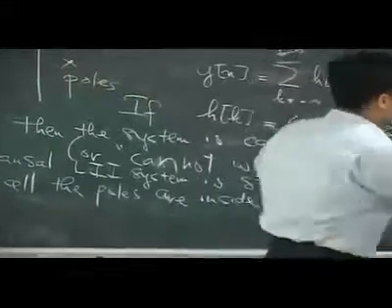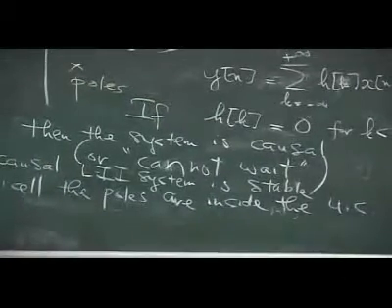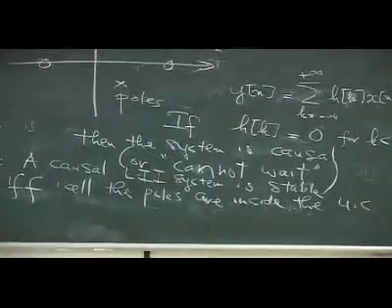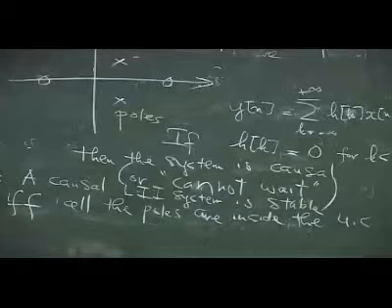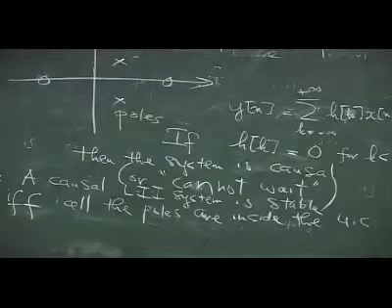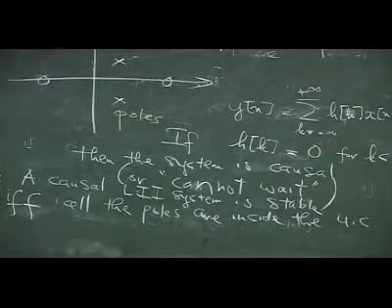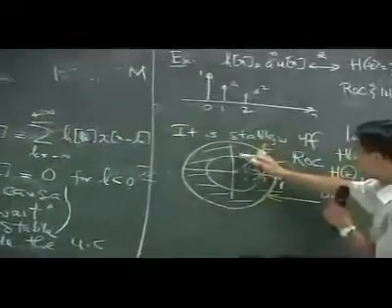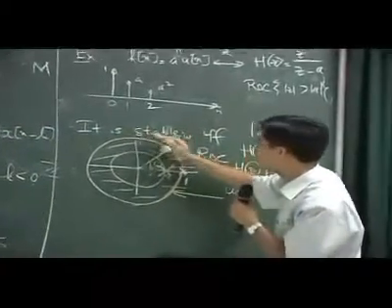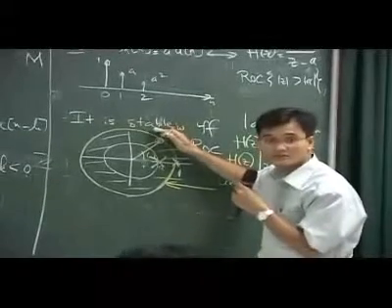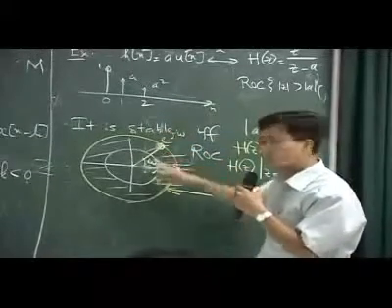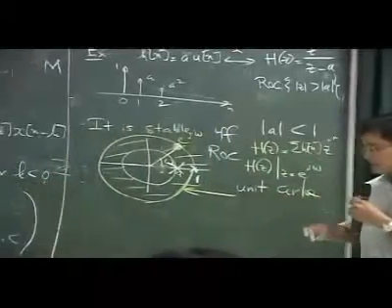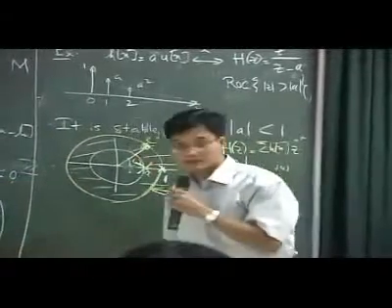The poles represent the dangerous region, the region of non-convergence, and everything outside that is okay. If everything outside is okay, then the ROC must include the unit circle. You can think about this picture a little bit. I leave the proof here as an exercise.